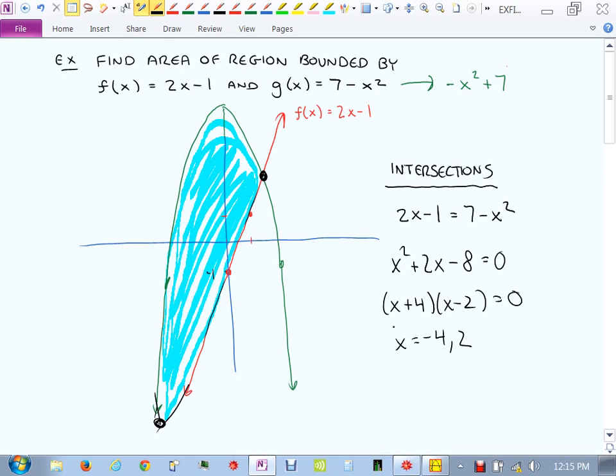Quadratic formula, negative b plus or minus square root b squared minus 4ac, all that, right? So 2 and negative 4 are their intersection points. So that's on your x-axis. 2, and then back here, negative 4.